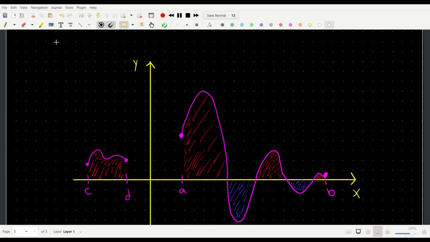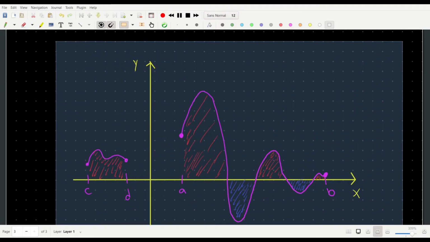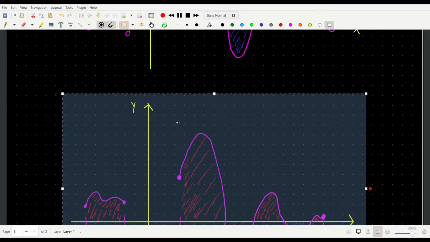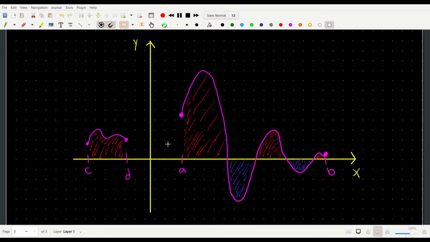So, an improper integral of type 1, I'll make two separate plots here to show an example of each of these two types. An improper integral of type 1 is an improper integral where one or both of the boundaries of the integral extend to infinity, and we want to figure out the total accumulation over that infinitely sized interval.